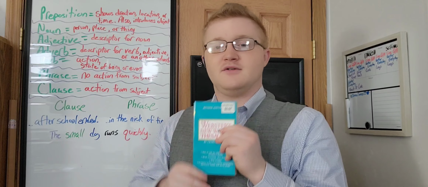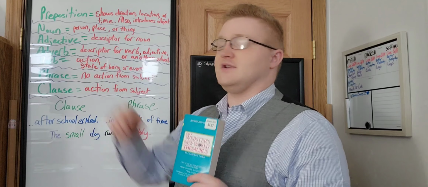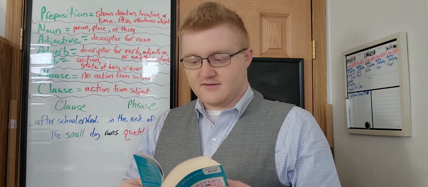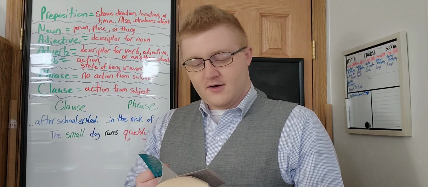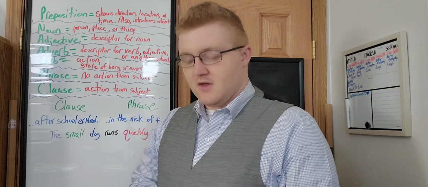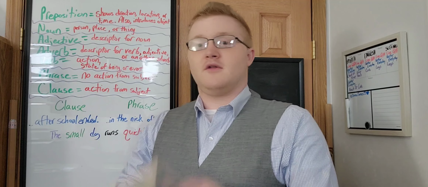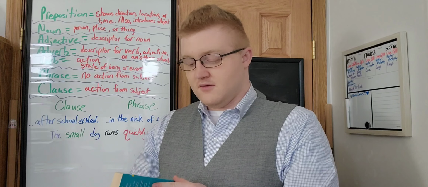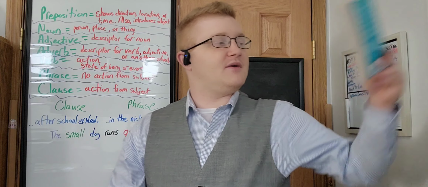So the book is the noun, and the adjective is the way you would describe it. So the book with, let's see, 500 pages. The book with 500 pages, right? Or the light blue book, or the book with the yellow letters, right? There we go.